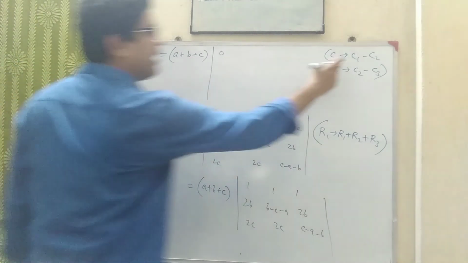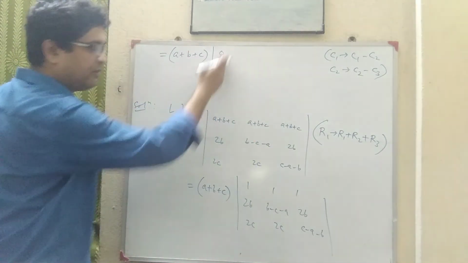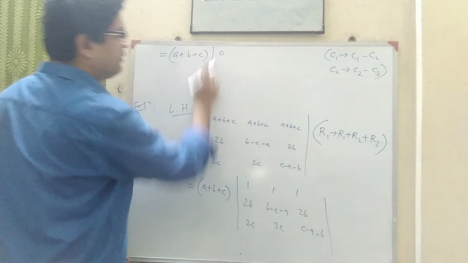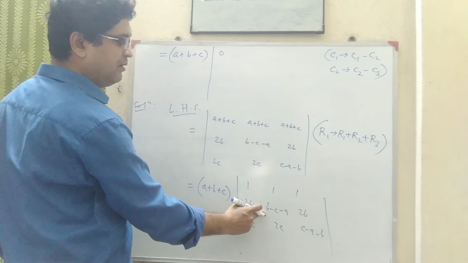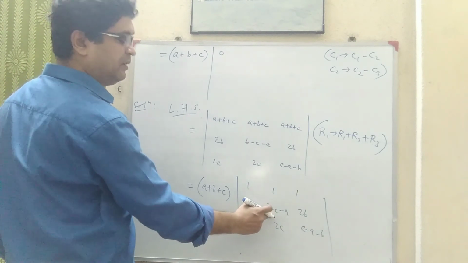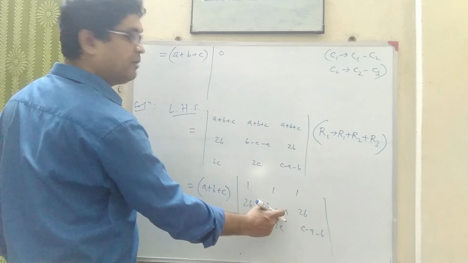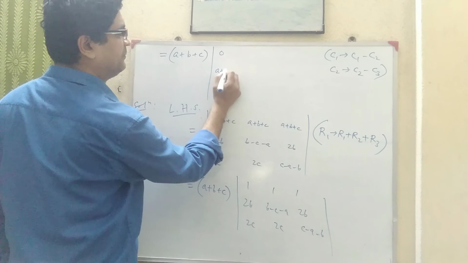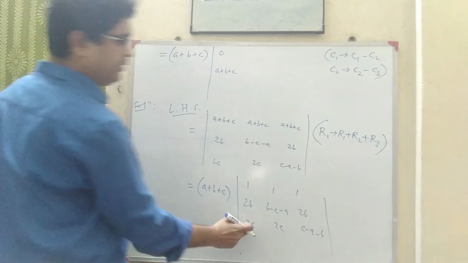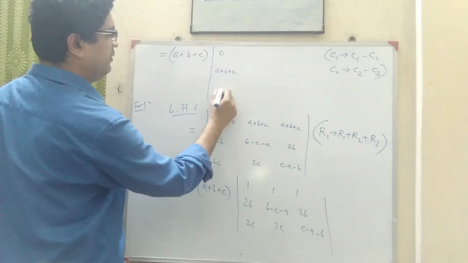You see here I have applied column operations, so we have to write column wise. 1 minus 1, 0, 2B minus B, that means B, then minus minus C, that will become plus C, minus minus A, that will become plus A. So B plus C plus A, that means A plus B plus C. Here you see 2C minus 2C will become 0.